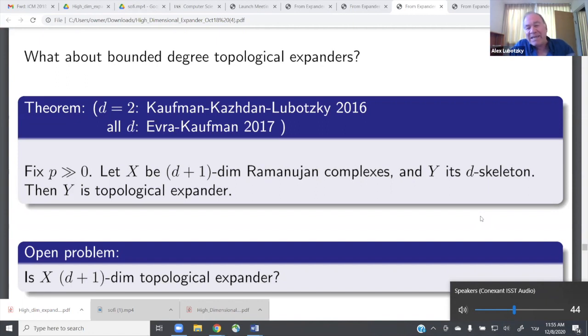Why is the D skeleton of a D plus 1 dimensional Ramanujan complex better than a D-dimensional Ramanujan complex?